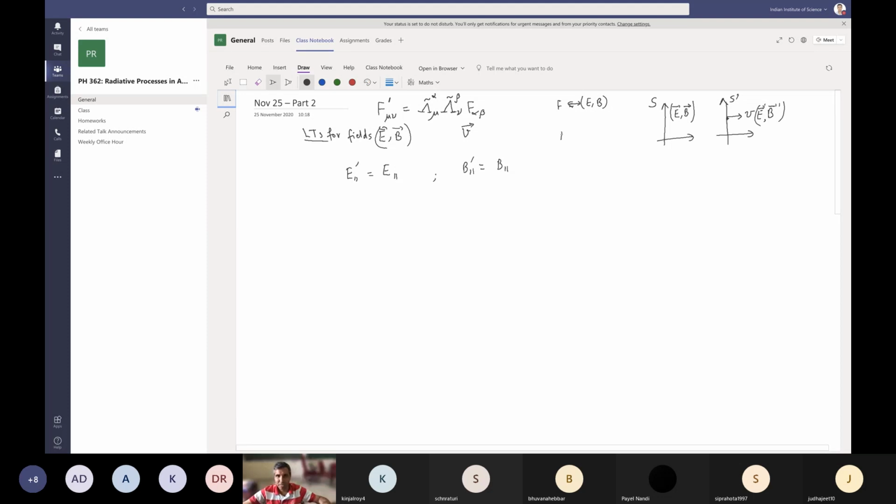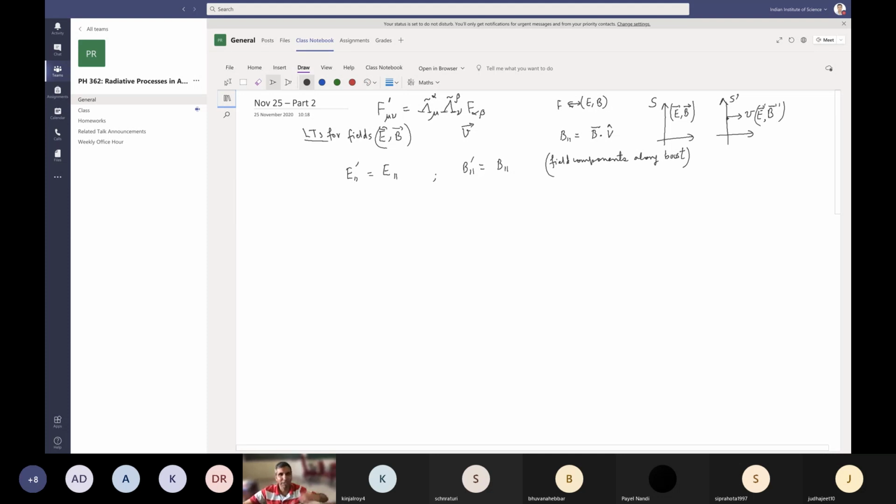So B parallel or E parallel is equal to B dot v hat. So basically these are the field components along the direction of the Lorentz boost.